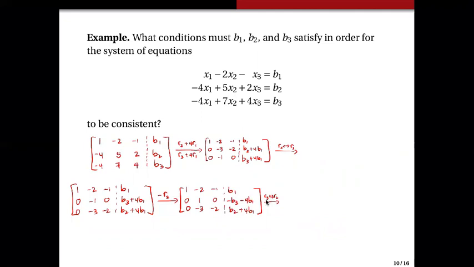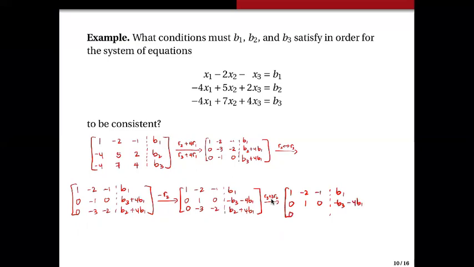So, we do this R3 plus 3 R2. We will have, so we just copy 1, -2, -1, and then we have here B1. We also copy this 0, 1, 0, minus B3 minus 4B1.